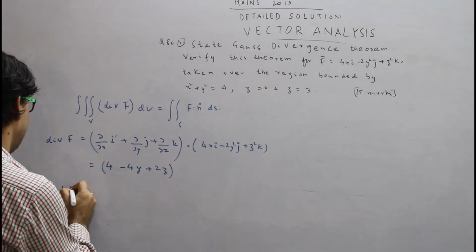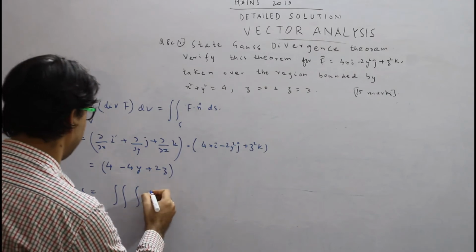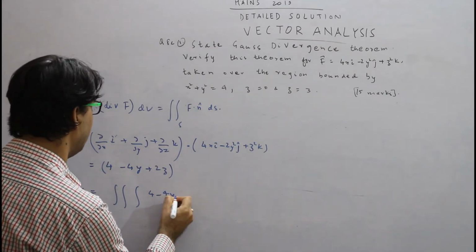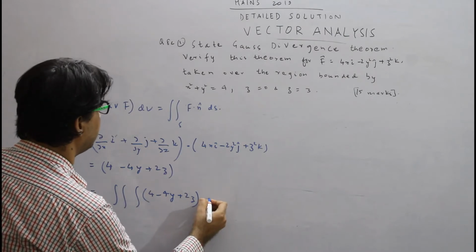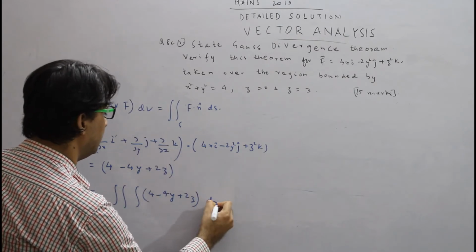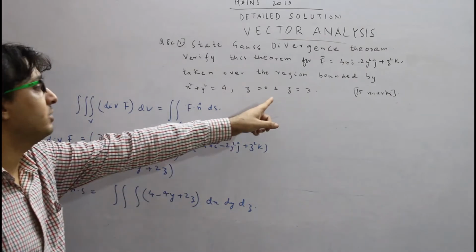So now we can write this as the triple integration of 4 minus 4y plus 2z, and in place of dV we can write dx, dy and dz. All we have to do is take out the limits.